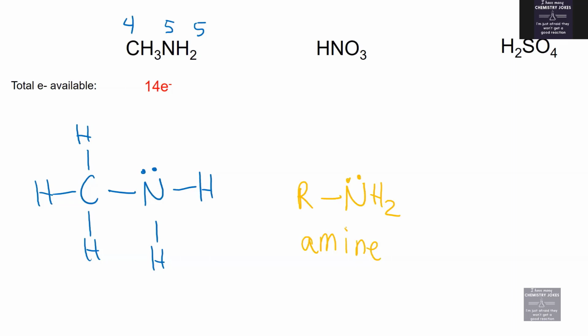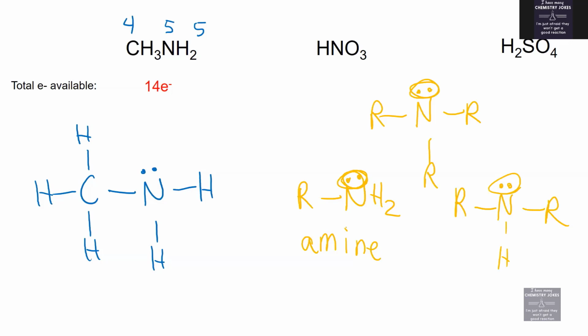We're also going to call things that have 2 carbon groups and 1 hydrogen an amine. And we're going to call things that have 3 carbon groups an amine. So a nitrogen with a lone pair connected to any combination of carbons and hydrogens, that's an amine to us.